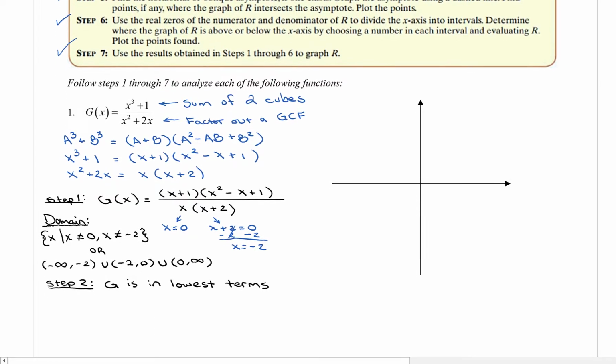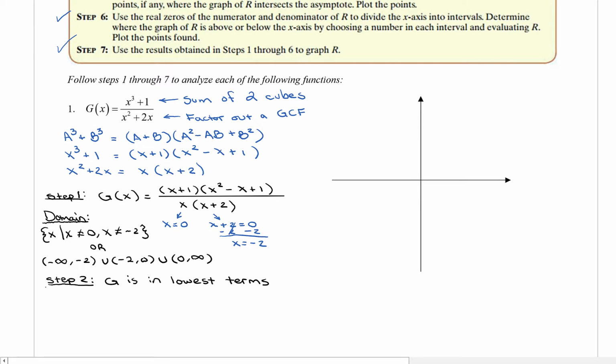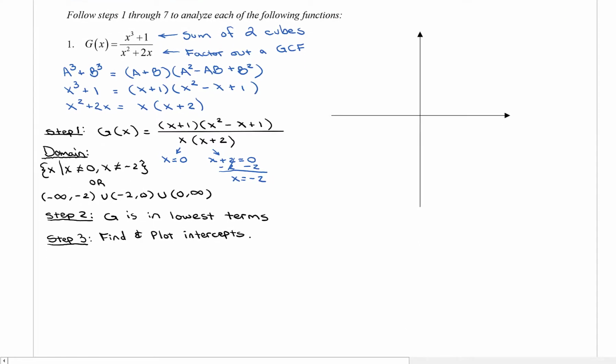To find the Y-intercept, I would substitute 0 for X, right? And if I want to find the X-intercept, then I would substitute 0 for Y and solve for X. So that's all we basically have to do here. So let's go ahead and do that.